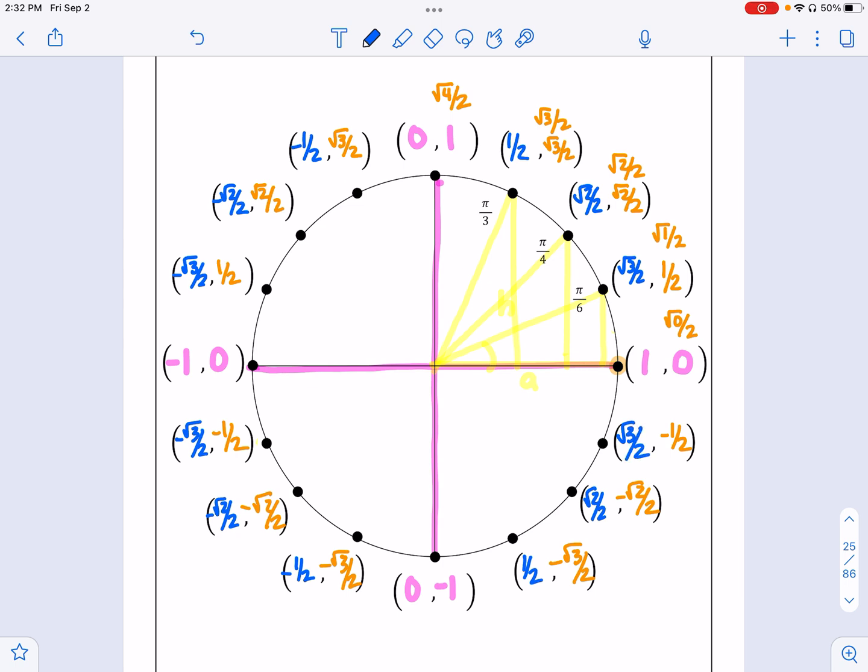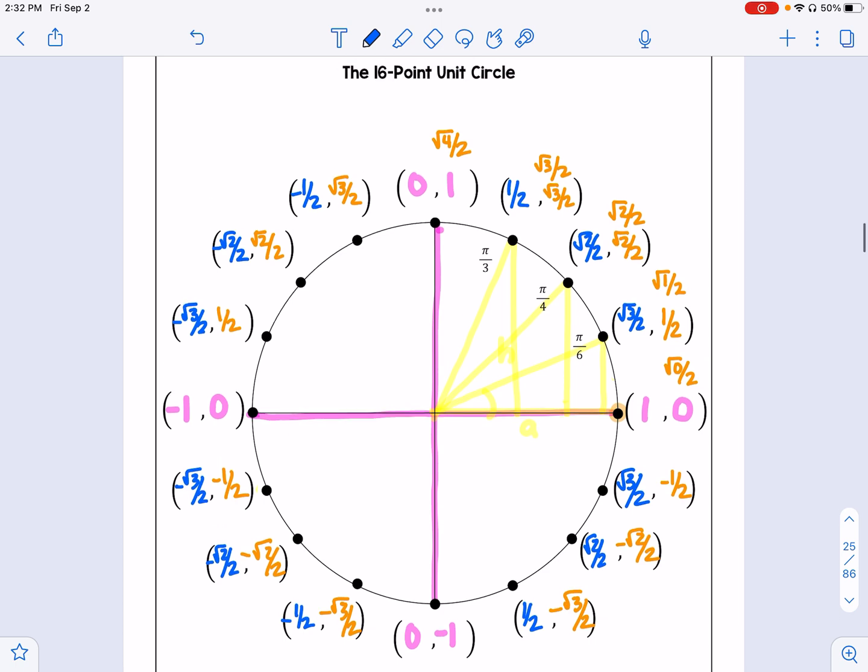So the orange here are all your sine values, and the blue here are all your cosine values, because it's a great strategy to think of sine as like height in the unit circle, and since that hypotenuse is 1 all the way around, it's really just your y values. Cosine is like a width, and it's really like an x value.